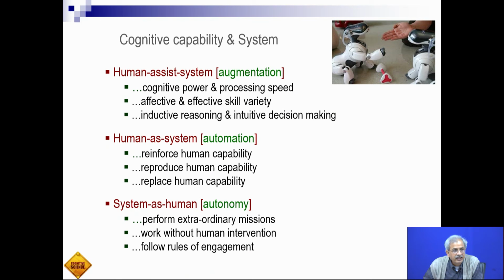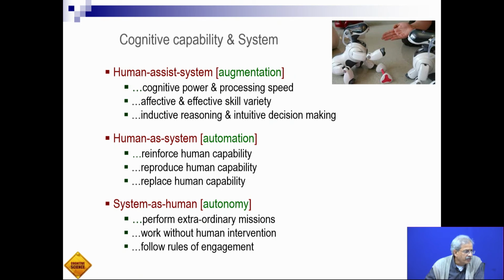We are interested in developing finally up to the level of system as a human, but to reach that, until we understand cognition as a process and synthesize that computed cognition into the system, will it function as a human being? It will not.